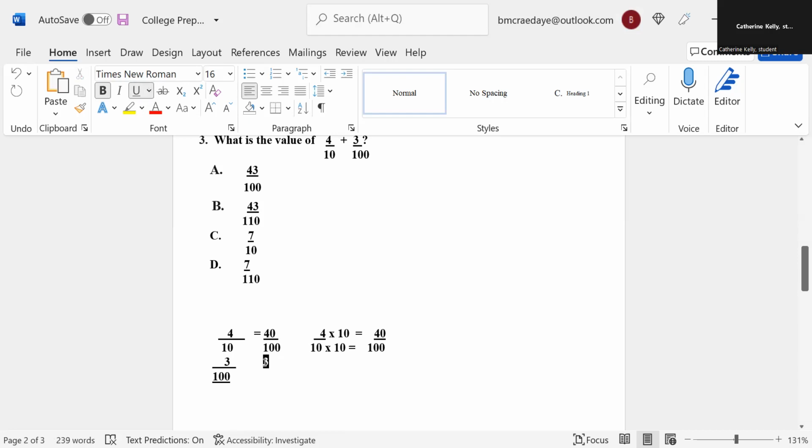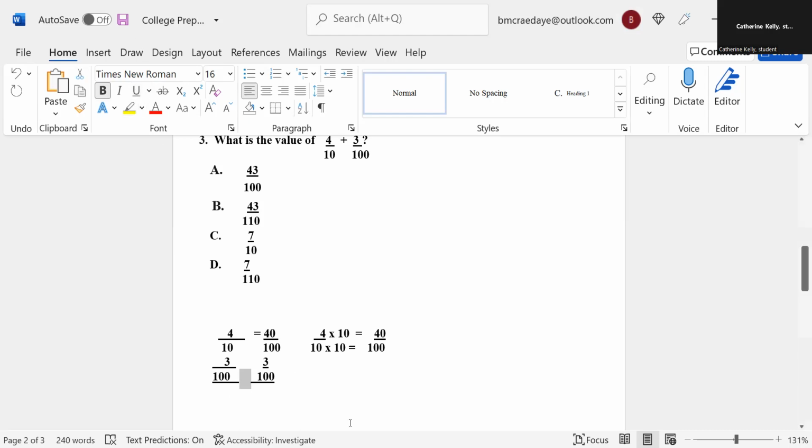So let's just put here 3 over 100. And now you have your denominator the same, so you can just add the numerators. What's the 40 over 100 plus 3 over 100 equal to? 43 over 100. That's right.